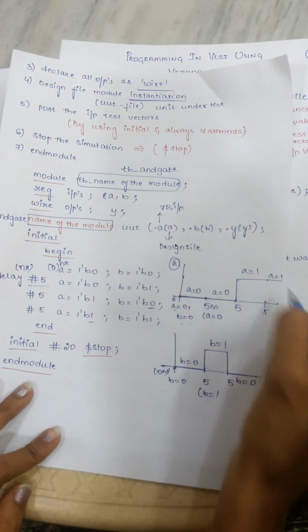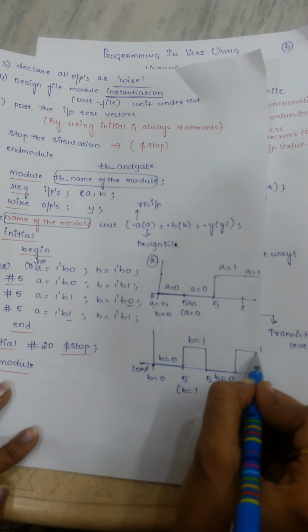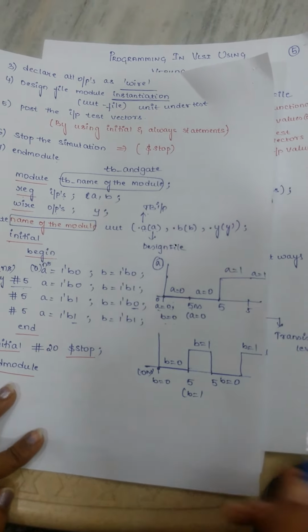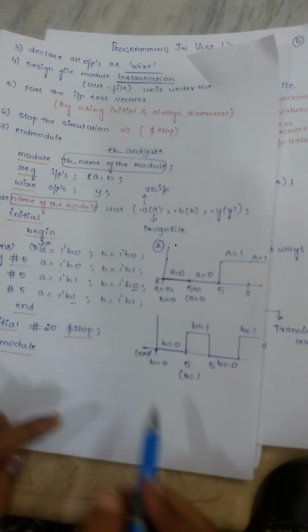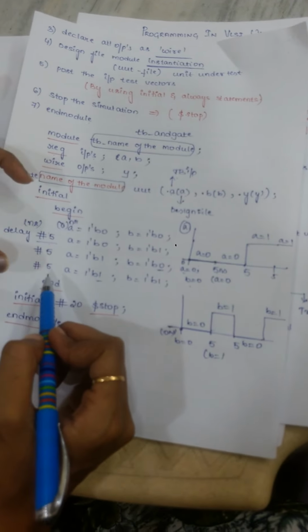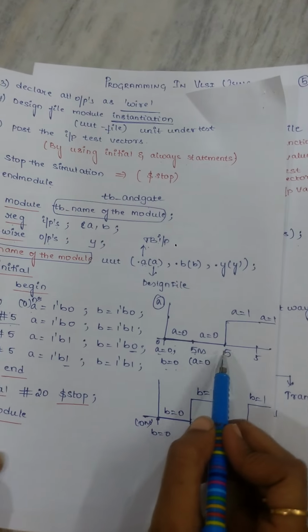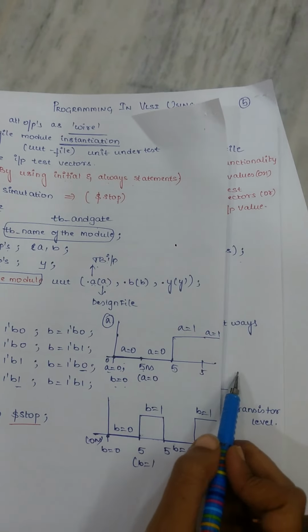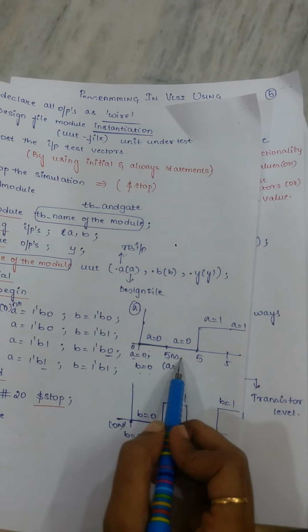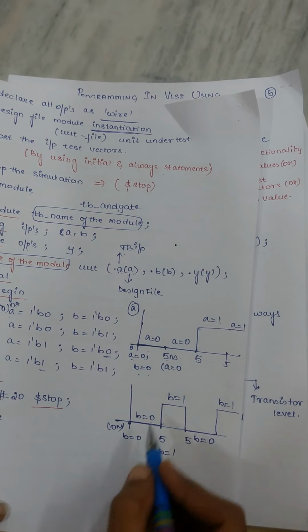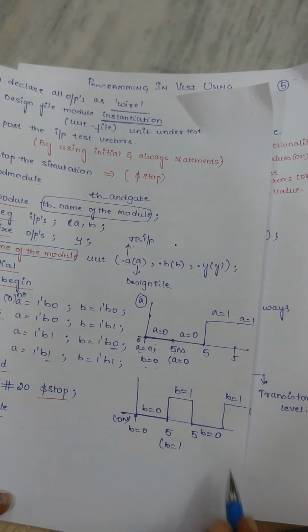So A is equal to 1. Again, B should rise to 1. So B is equal to 1. So according to this, the complete period of my AND gate is 20 nanoseconds: 0, 5, 10, 15, 20. According to this, my output should be marked.